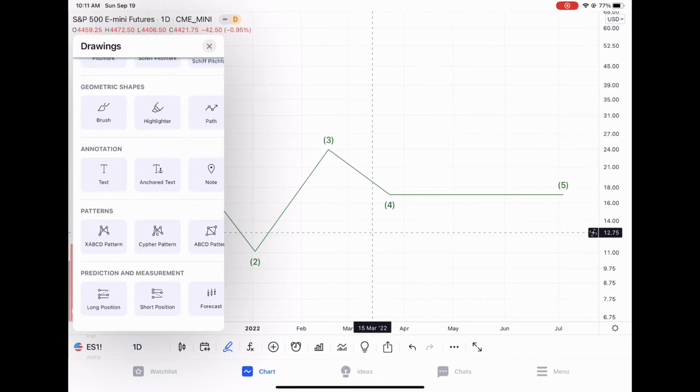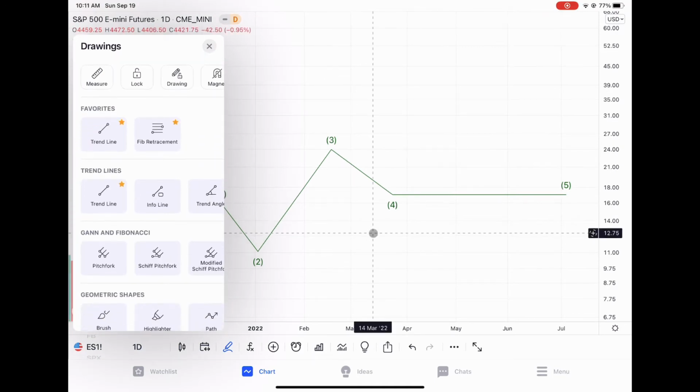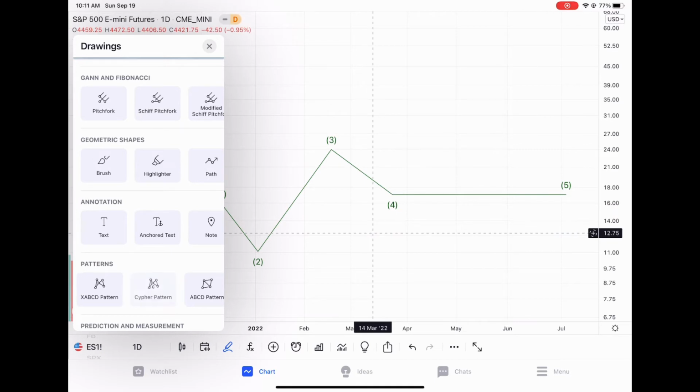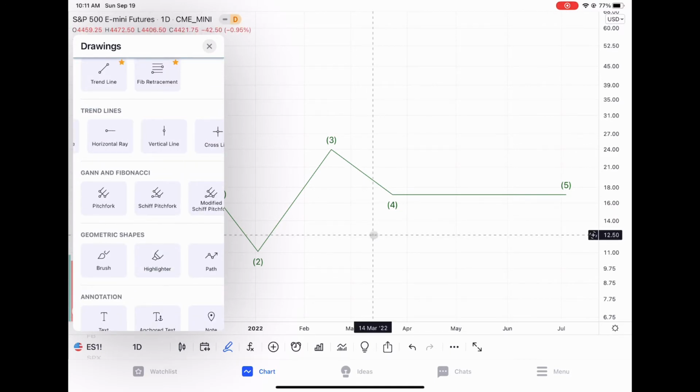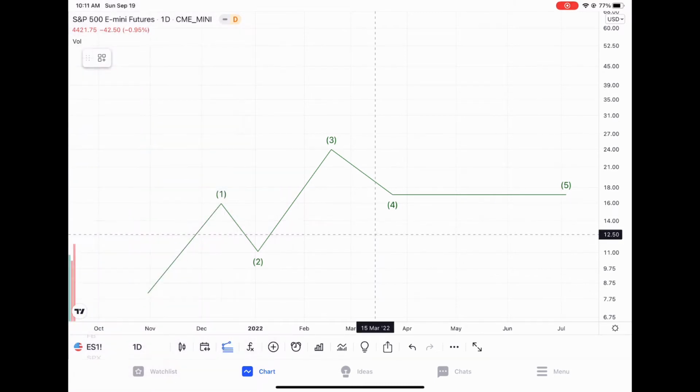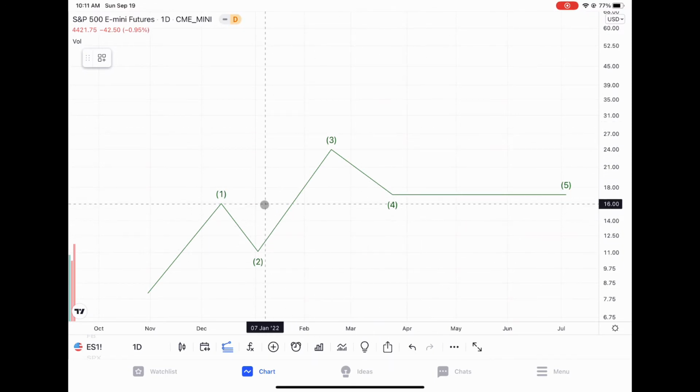Wow, GME just shot up 50 points, or Tesla just shot up 100 points, or Bitcoin just went crazy. It went, I don't know, from 5,000 to 20,000. And people get excited, people run on emotions, and they end up buying the top of three.